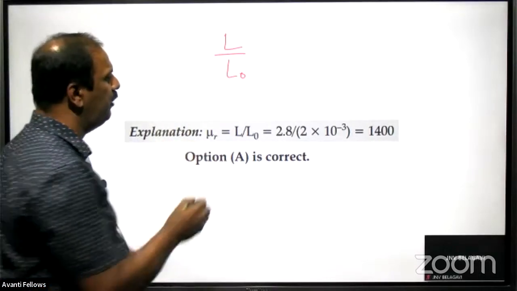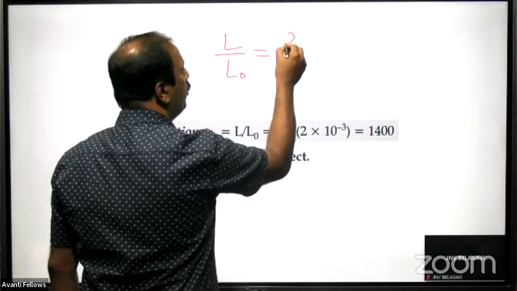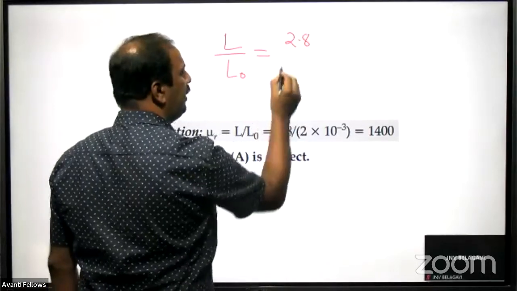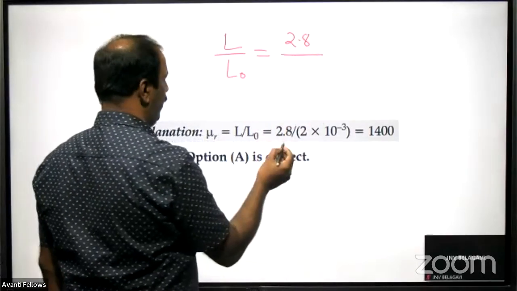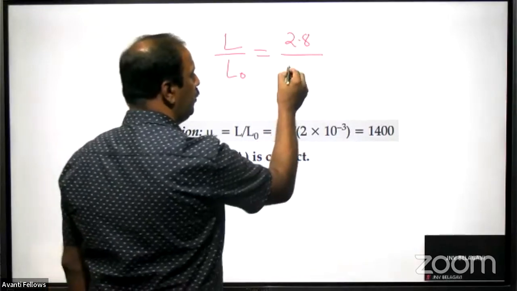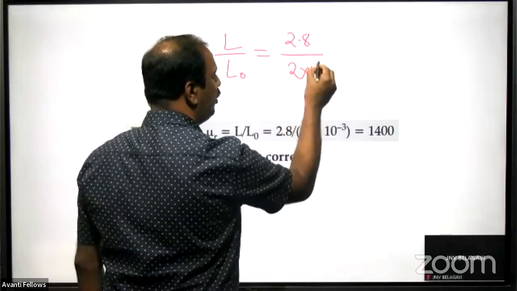So this ratio will be equal to 2.8, which is with the material, divided by 2 into milli, that is 10 to the power minus 3.